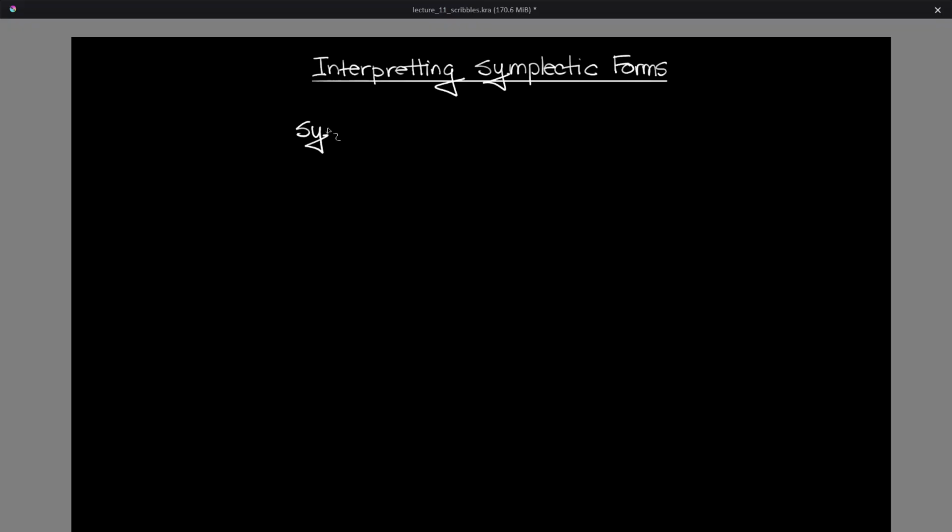So symplectic forms are about area preservation. And we're going to see this in the next few things that I'm going to explain. Keep this in mind, that symplectic forms are about area preservation.